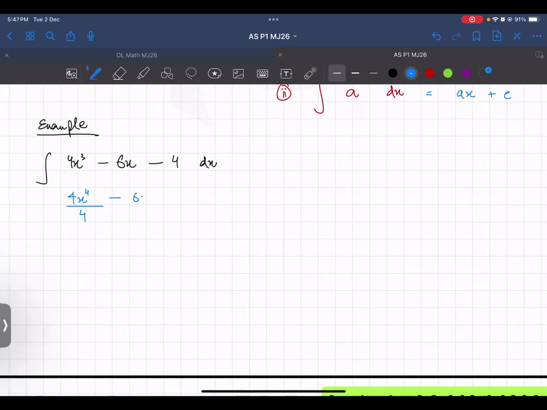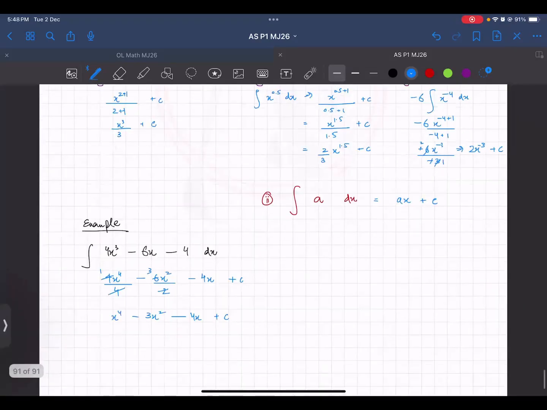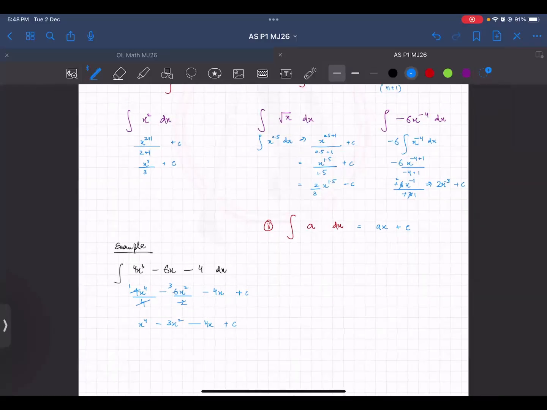Minus 6, x power 1 plus 1 will be 2, divided by 2, and then minus, this is a constant. I told you, when you integrate a constant, it would get the variable. So minus 4x and then plus c. If you simplify this, x power 4 minus 3x square minus 4x plus c. This is your answer to the integral.